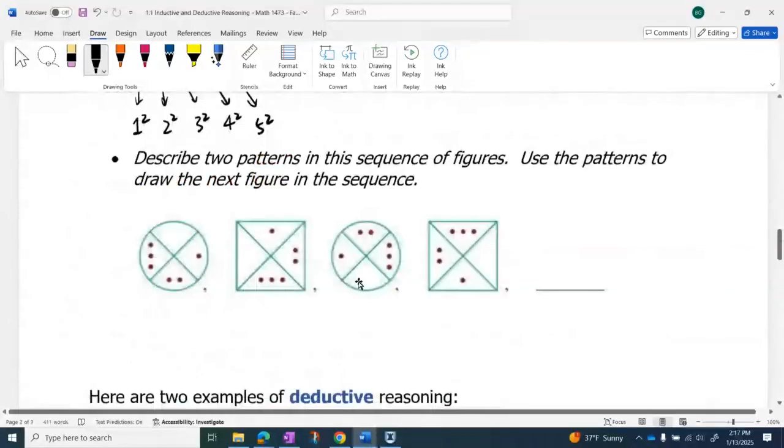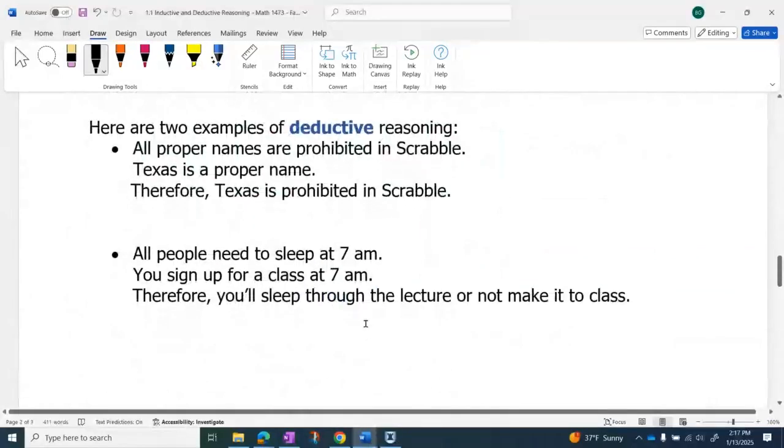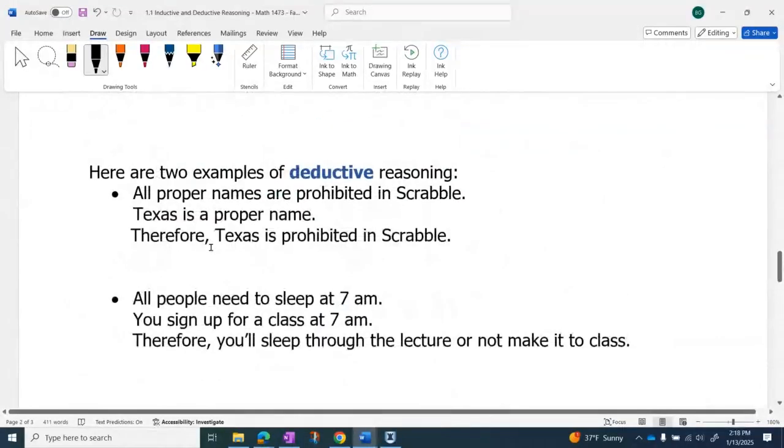This is also inductive. For deductive, here, all proper names are prohibited in Scrabble. Texas is a proper name, therefore Texas is prohibited in Scrabble. I don't really like this example.